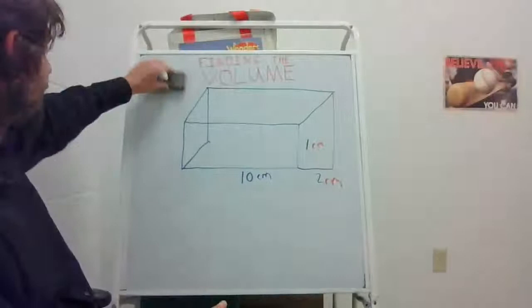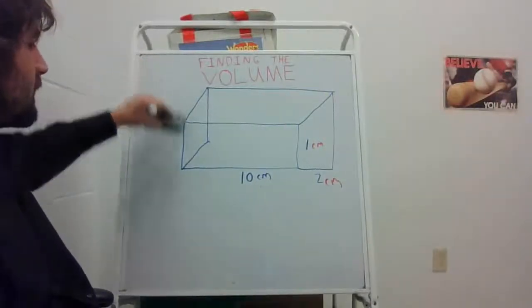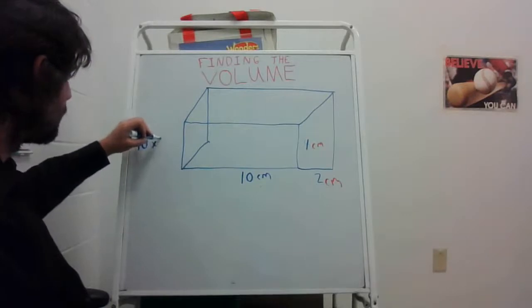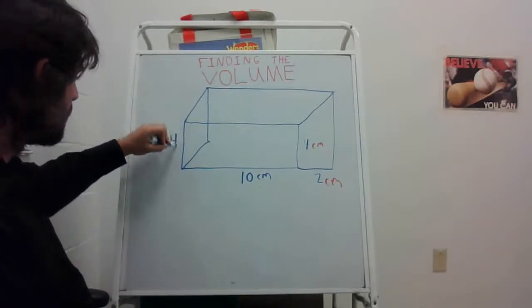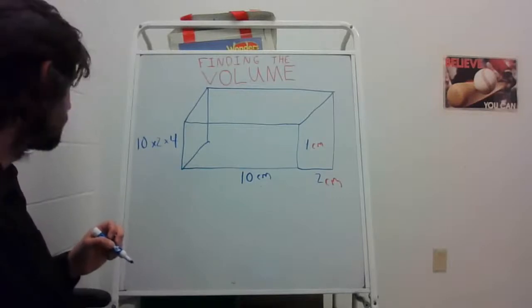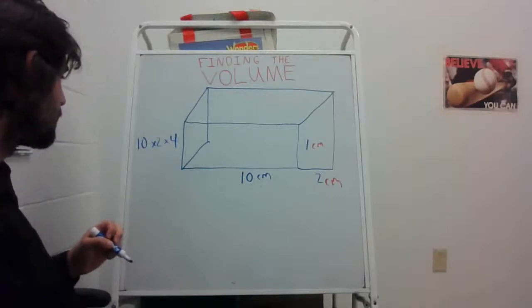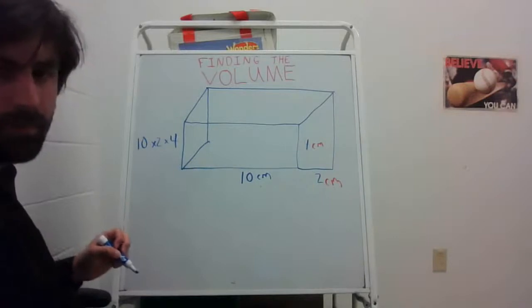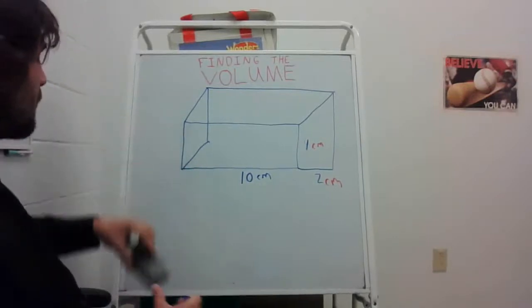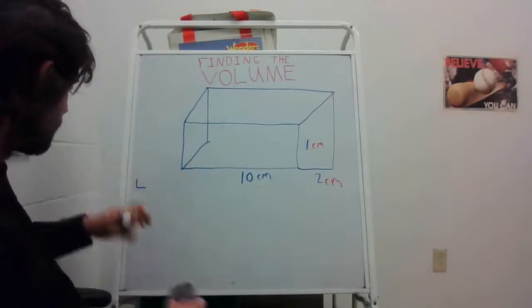So to find the volume, we got to multiply 10 times 2 times 4. We got to figure out what 10 times 2 times 4 equals. Let me write that over here so you can see it better.